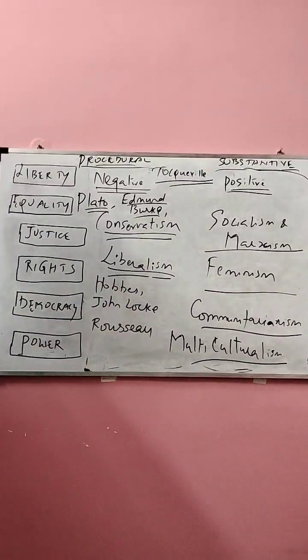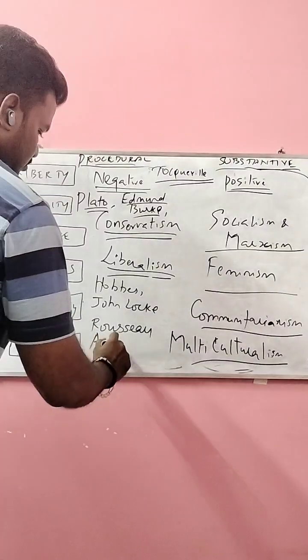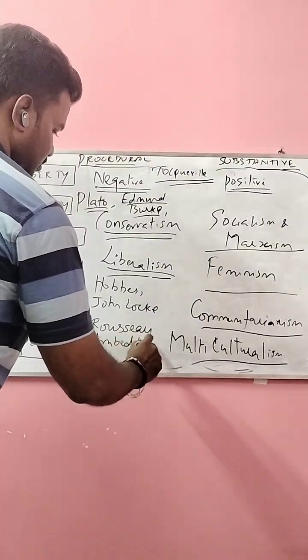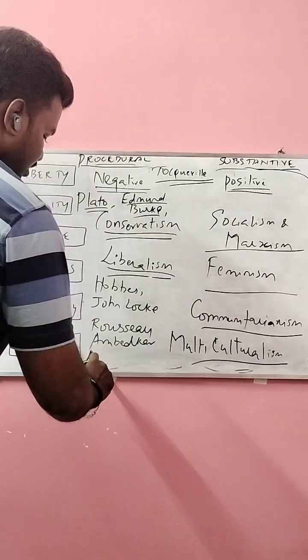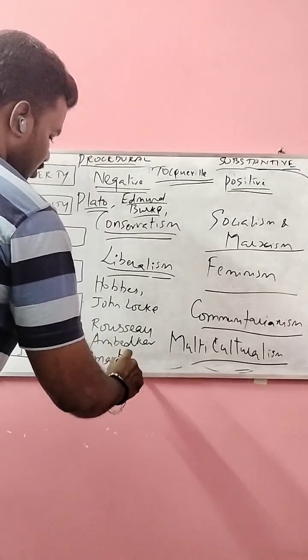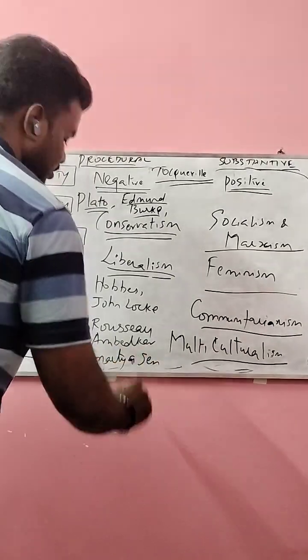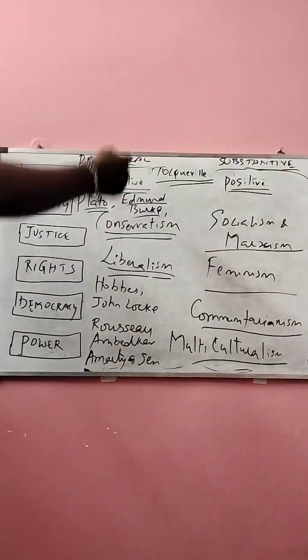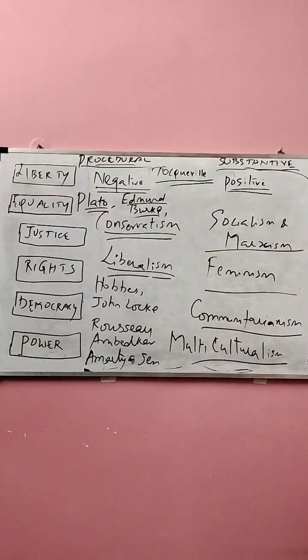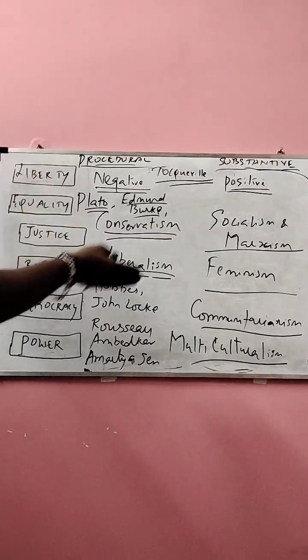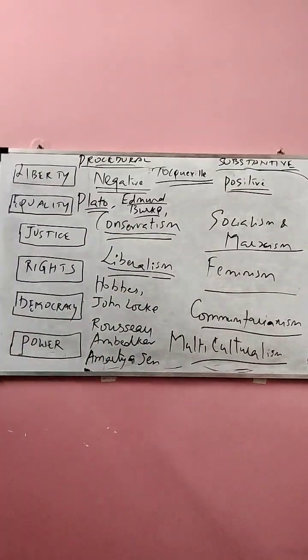In the Indian context, Ambedkar can be considered a liberal. Amartya Sen is also a liberal. Gandhi is more towards conservatism. In some areas he is also a liberal, but Gandhi is seen towards the conservative side.